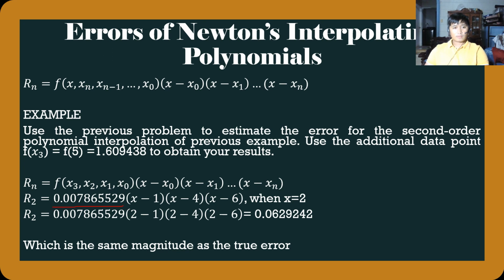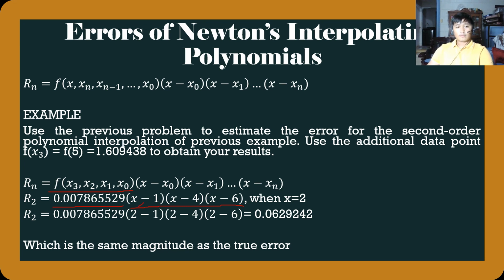This is what we have calculated earlier, for the function x sub 3, x sub 2, x sub 1, and x sub 0, times x minus 4 times x minus 6.